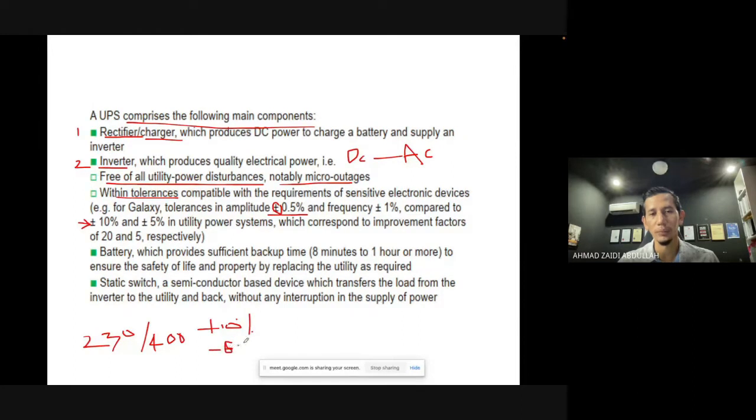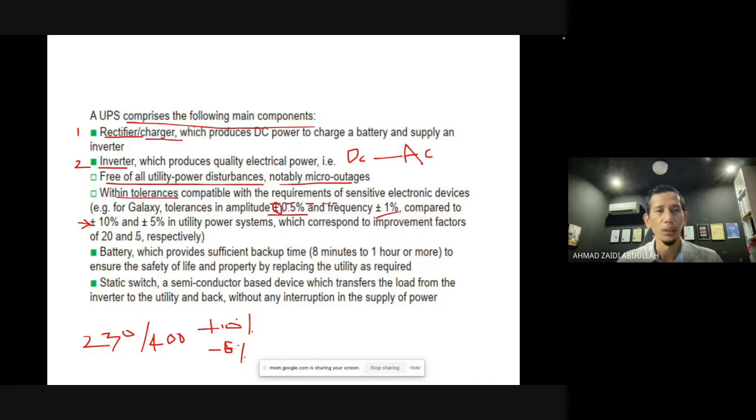But the best of using the UPS is the output from the UPS; look, the standard is very good. And the frequency is the same, plus minus 1%.